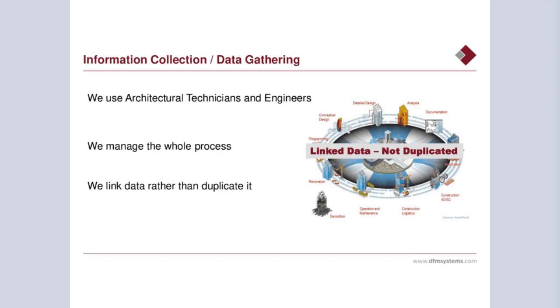All of the projects we work on, all of the digital safety files we build using technical authors who are qualified and experienced in building information systems. We use architectural technicians and engineers to ensure that the information that's in the file is relevant to the service and to the building in which we're working on.